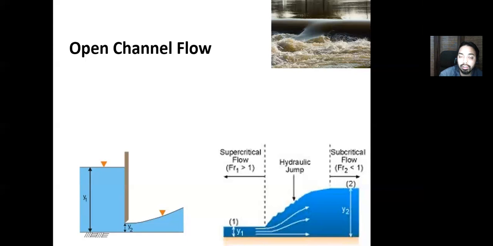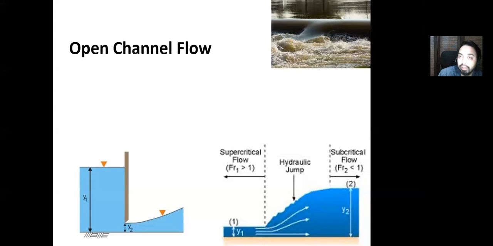Also, another characteristic is that we can consider there is no pressure force that pushes the liquid. Usually the liquid flows by gravity, by the depth difference from upstream to downstream.